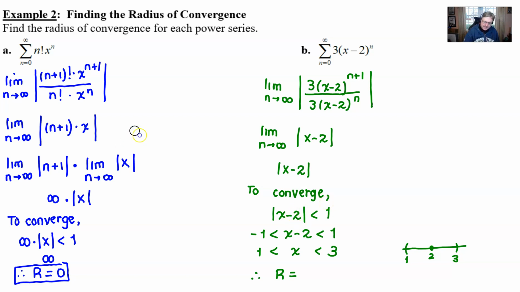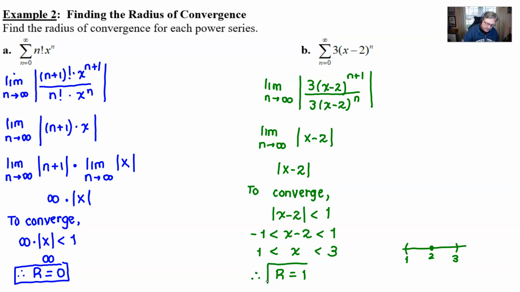And a lot of times that's bothersome to students, and I can certainly understand why. And I always will advise to take that extra moment to go ahead and do this extra step, and then maybe you can see visually a little bit easier from where you're centered how far you have to go out. Besides, most of the problems are going to ask you to find intervals of convergence, as we will see in example 3, and so you're going to be doing it anyway.